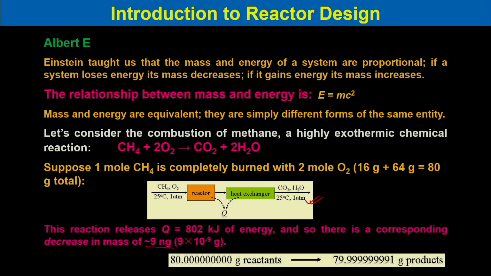Suppose we start with 80 gram of total reactants, it will give 79.99999991 gram of product. So, the decrease of mass from 80 gram is 9 into 10 to the power minus 9 gram, so 9 nanograms, which is very small.